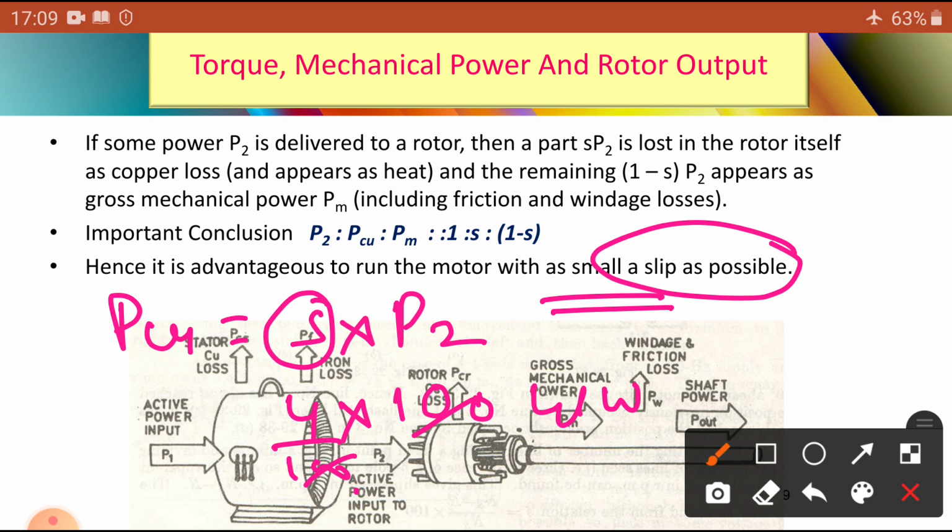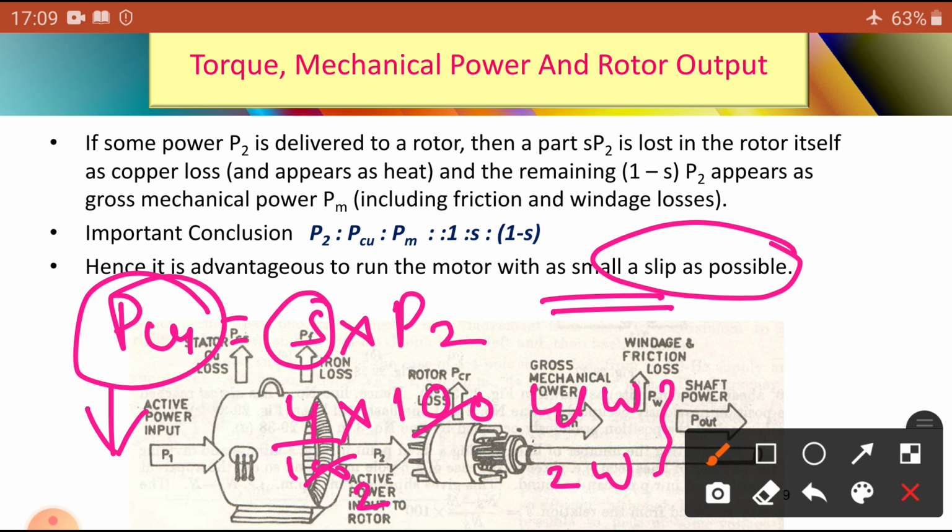Suppose slip is equal to 2, then we get 2 watts only. So we require these losses to be as small as possible. Hence, remember that it is advantageous to run the motor with as small a slip S value as possible. Okay, so these are some terms.